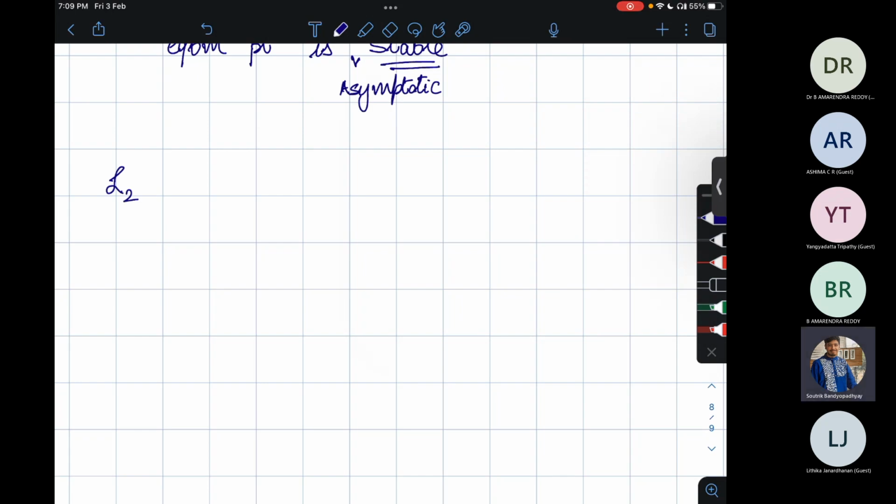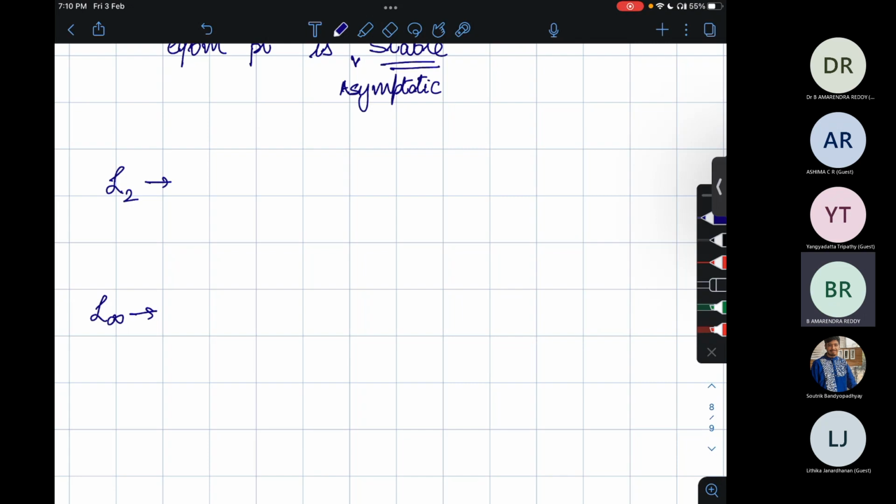So let me test you a little bit. What are L2 functions? What is the definition of L2 functions? And what is the definition of L infinity functions? Anyone?